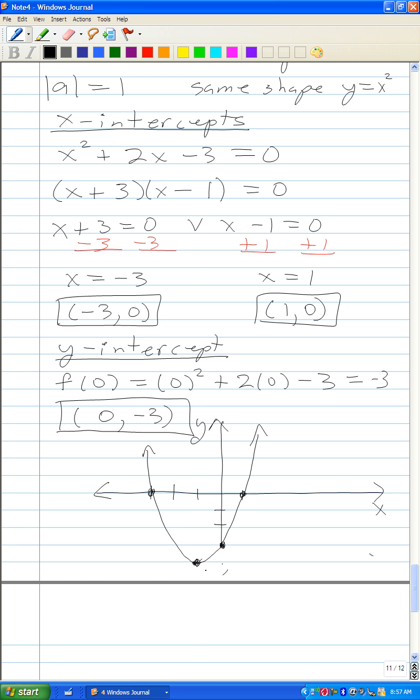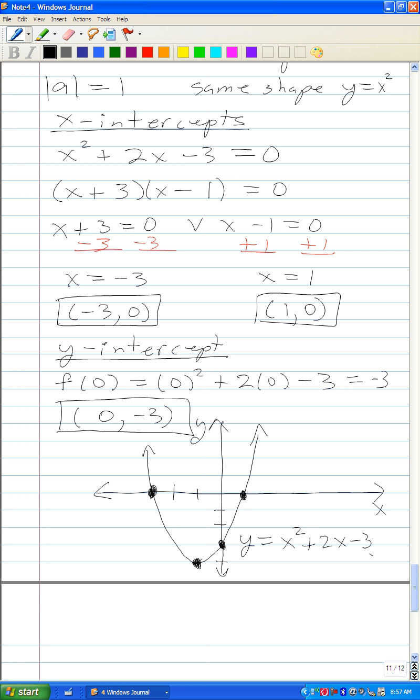Okay, that doesn't look too bad. Just make these a little bit bigger. Now everything looks perfect. Okay. So this is the graph of, what is it? y equals x squared plus 2x minus 3.